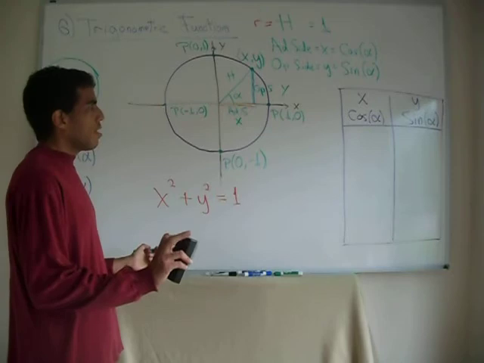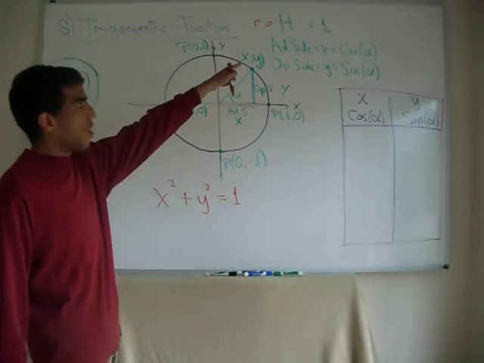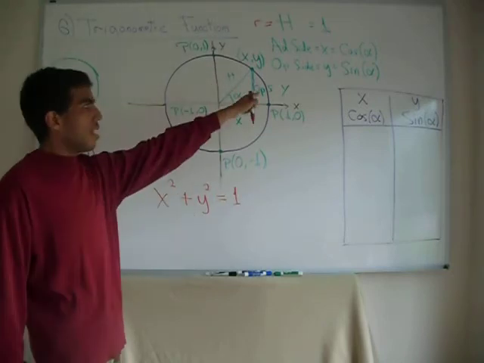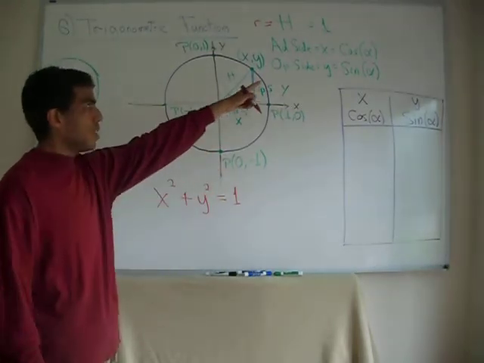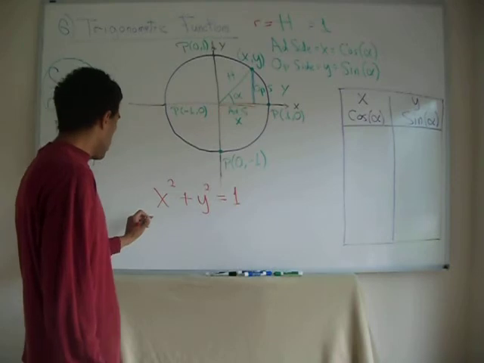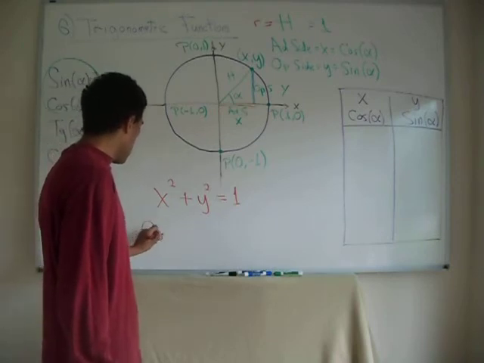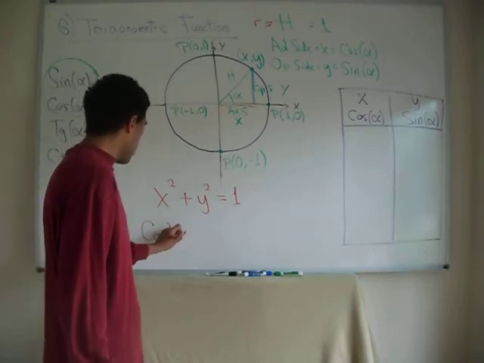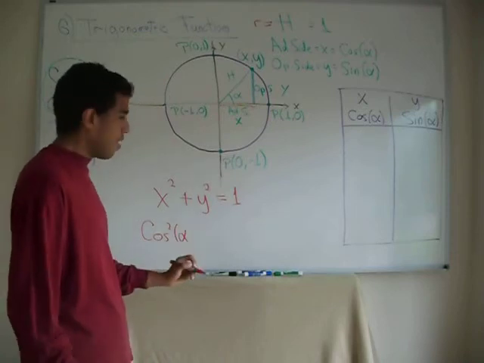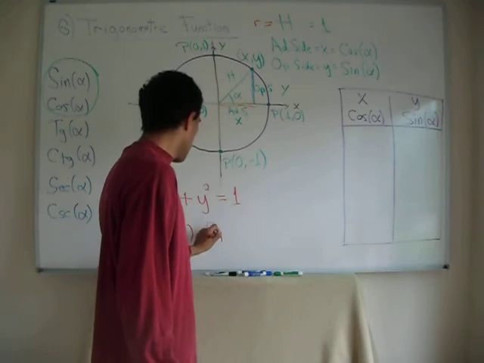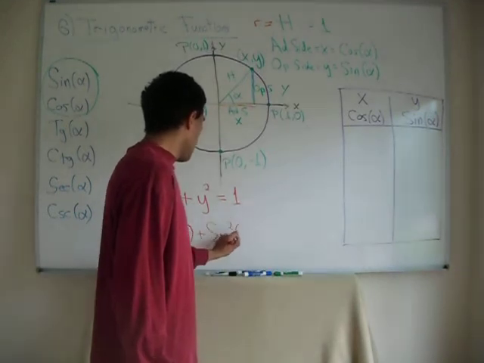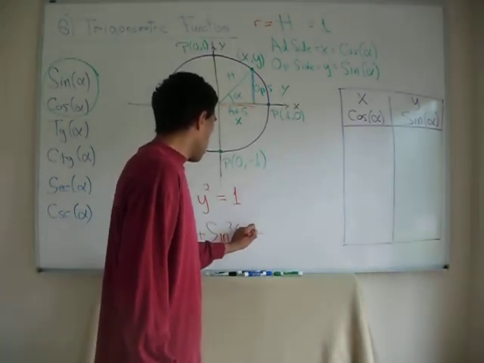Now, wait a second. If x is cos and y is sin, we can replace them right here because we just said that's what they are. So, cos squared of alpha, remember that we're using alpha, plus sin squared of alpha equals 1.